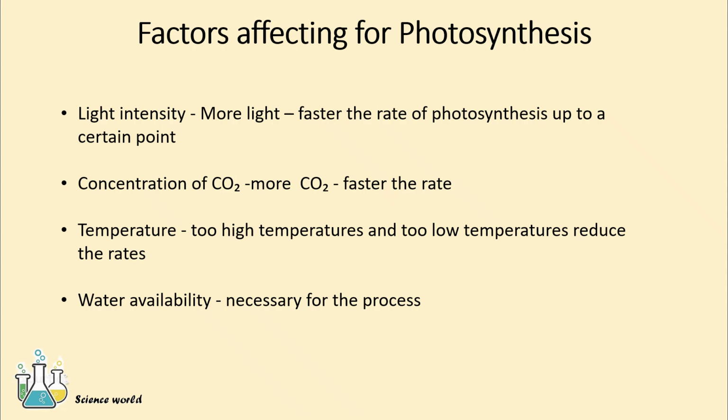Now we are going to see the factors affecting the process of photosynthesis. The first one is light intensity. If we have more light, the rate of photosynthesis will be faster up to a certain point. The second one is the concentration of carbon dioxide. If the carbon dioxide concentration is higher, the rate of photosynthesis will be faster. The third one is temperature.